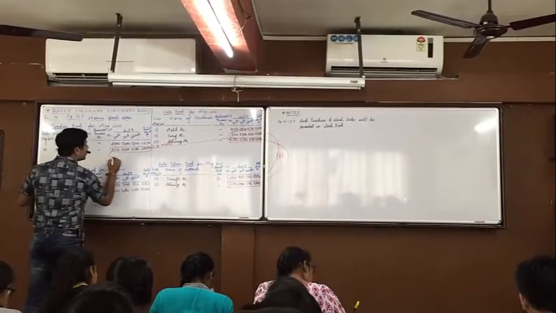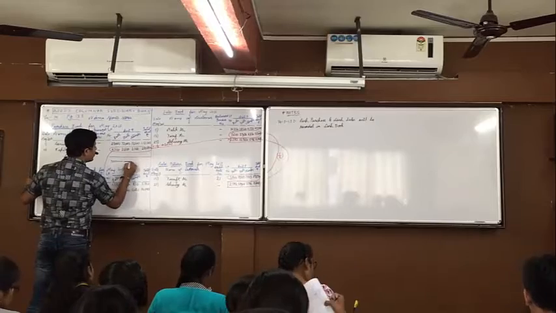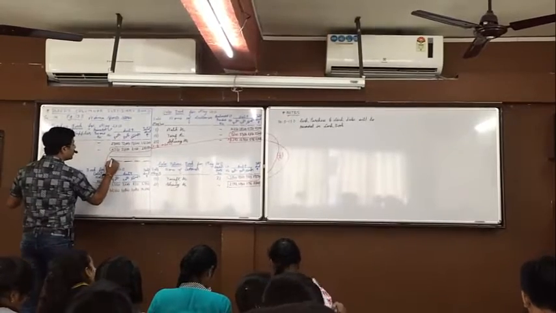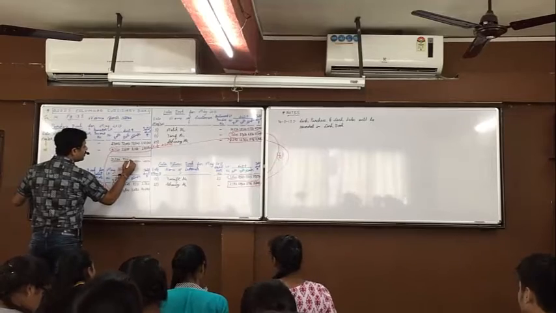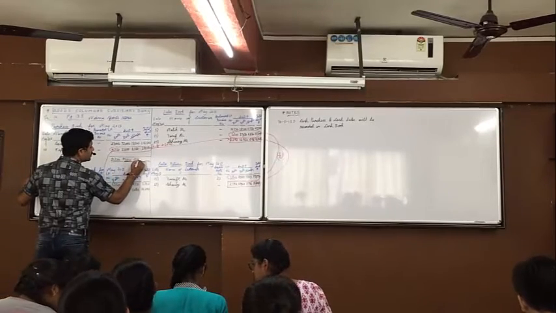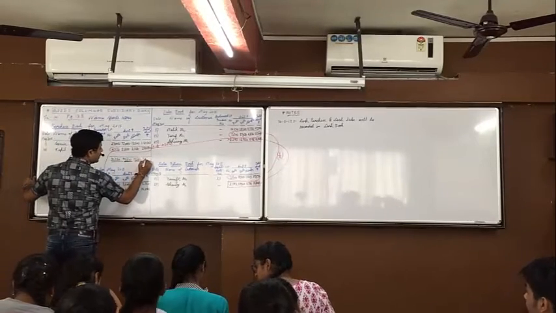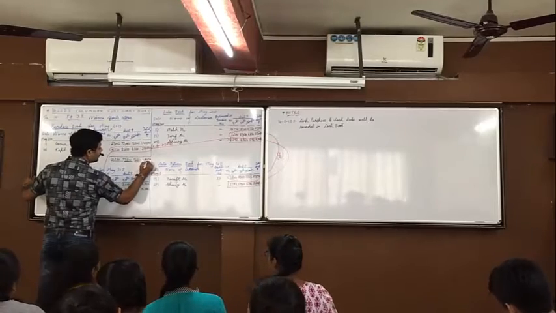Now, totals of all columns will be required. 31,320, 93,600, 15,660, 1,40,580.